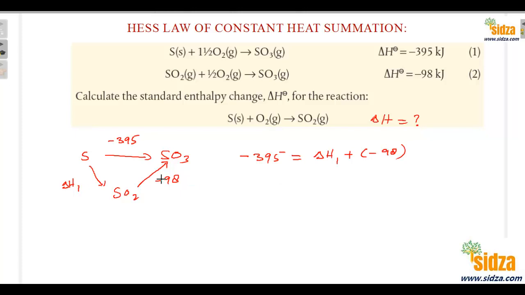So then delta H1 will be equal to -395 plus 98, which is equal to -297. This is the heat change which occurs when sulfur is converted to sulfur dioxide.